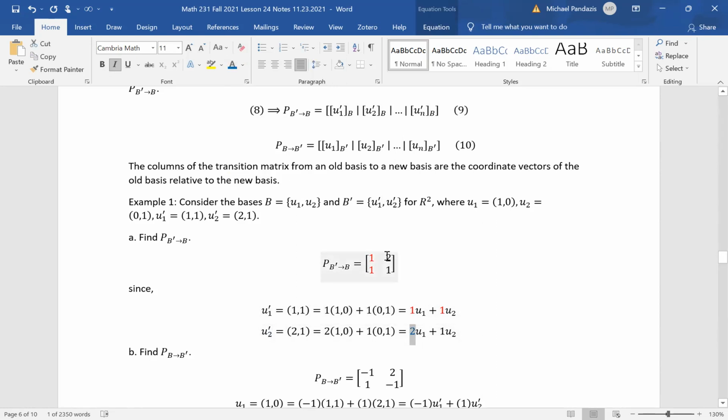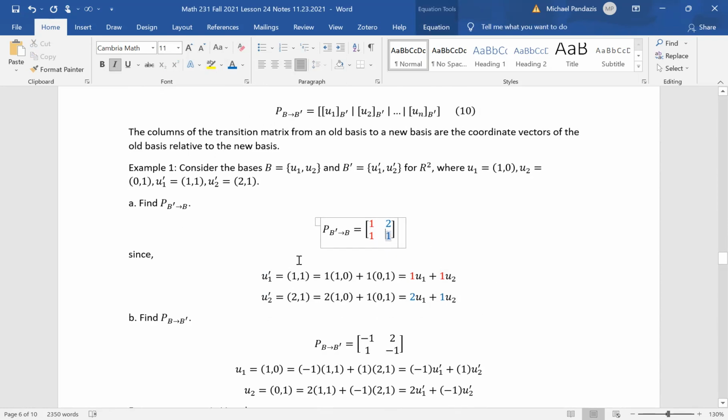And so this 2 corresponds with that 2. And this one corresponds with that one. And so now the first old basis vector written as a linear combination of the 2 new basis vectors gives you the first column. And the second old basis vector written as a linear combination of the new basis vectors gives you the components of the second column. And so that's the transition matrix from the old basis B prime to new basis B.